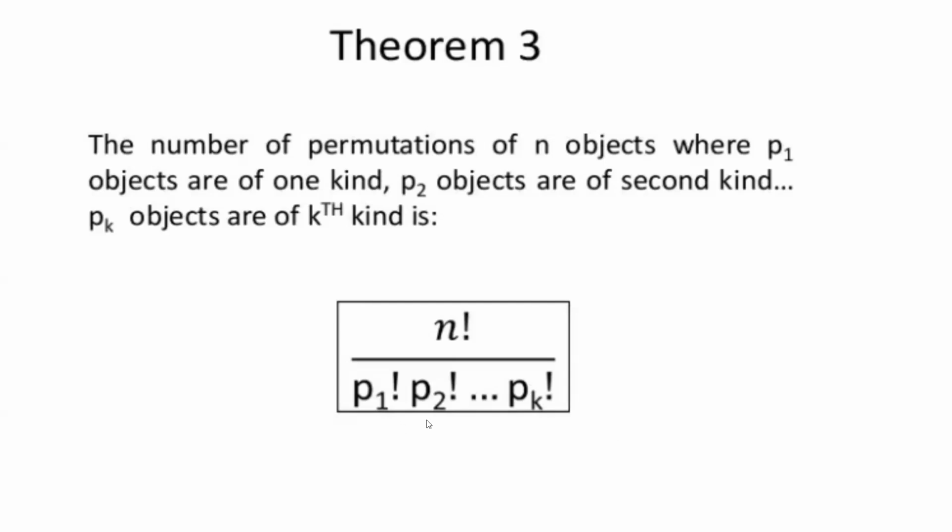You might just have one or two sets of identical objects. The formula is n factorial over P1 factorial, P2 factorial, right up to however many you have. You don't have to go on to PK, like 4, 5, 6. But there is a general formula, right?